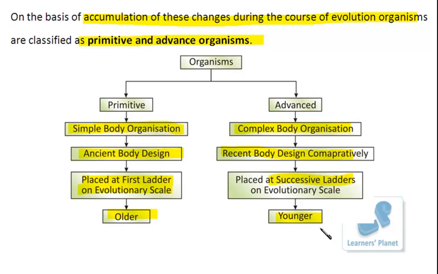Now, if this type of comparison is made, then another point of view will come in front of our eyes. That is, if such progressive evolution is taking place, there must be some hierarchy established among these organisms. There must be simpler forms, above that more complex, then more complex, and then more complex.